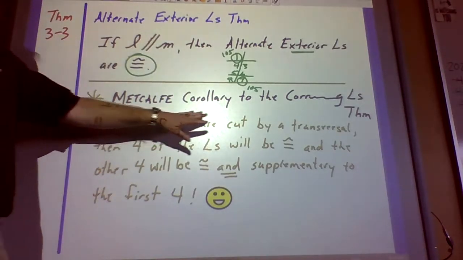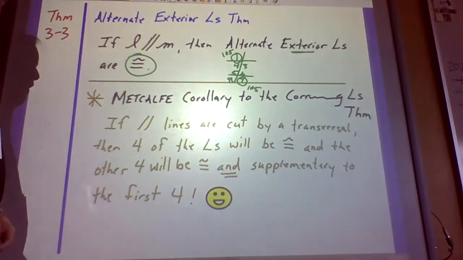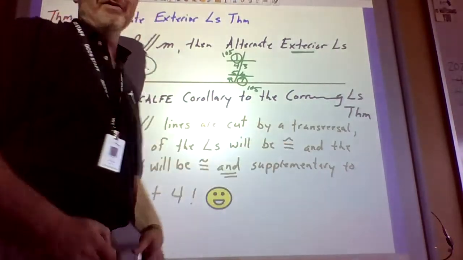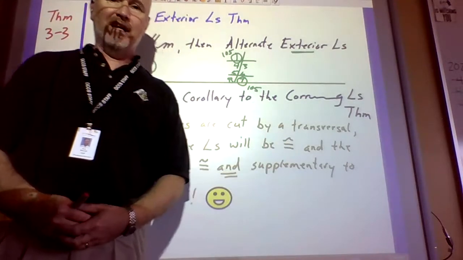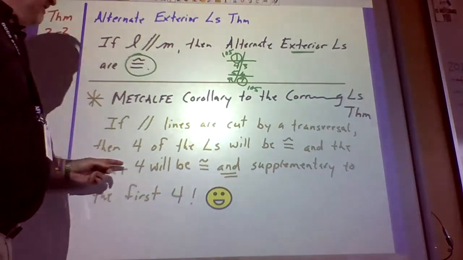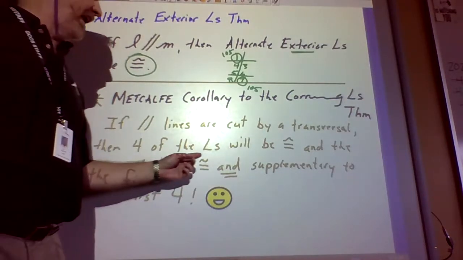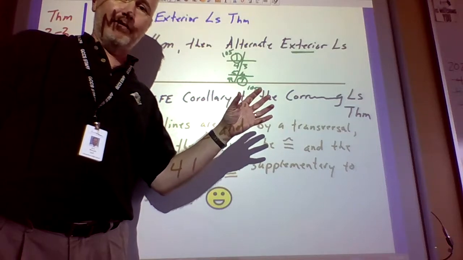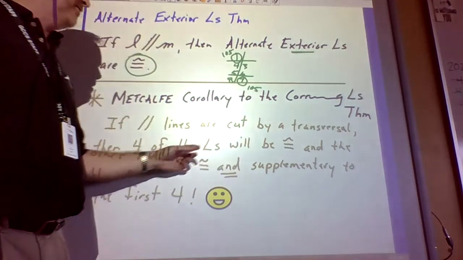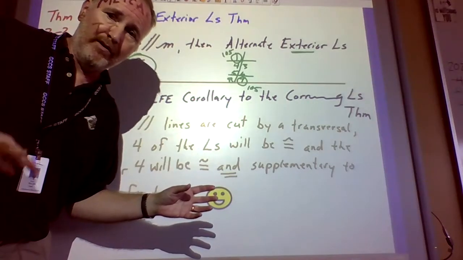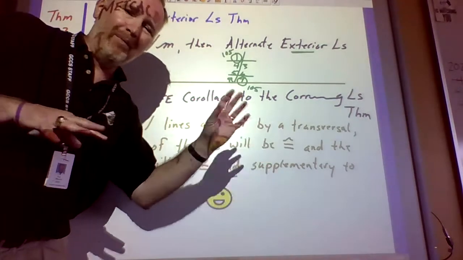It's just I don't know why they didn't put this little helpful hint, but it says if parallel lines are cut by a transversal, that's just given in today's lesson. We're always going to have parallel lines cut by a transversal, then 4 of the angles will be congruent to each other. So 4 of the 8 that are created will be equal to each other, and the other 4, they'll be equal to each other, not equal to the other 4. I mean, it's possible.